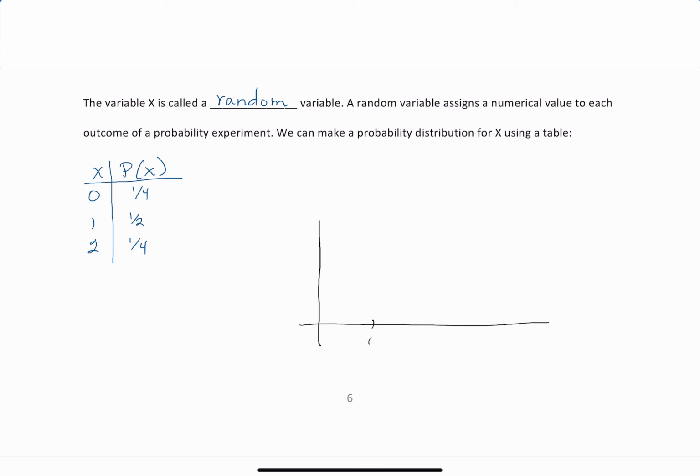So again, the values for X are 0, 1, and 2.